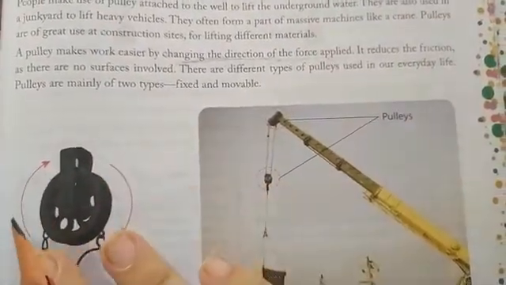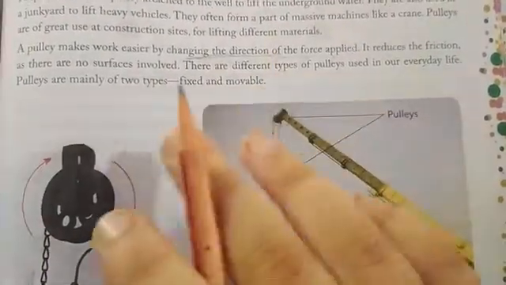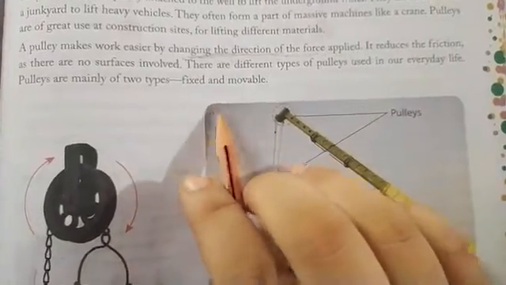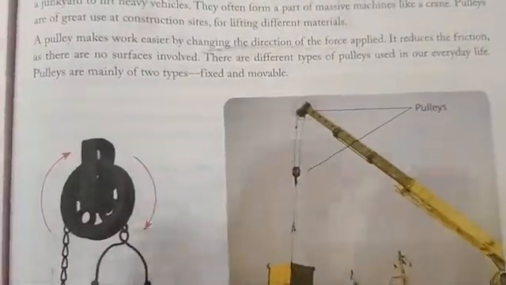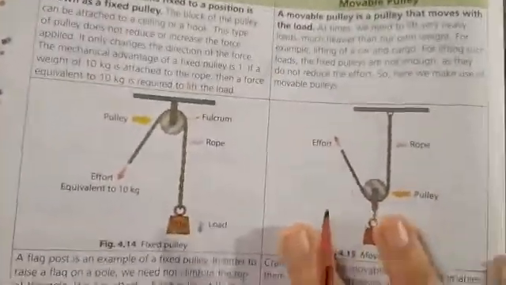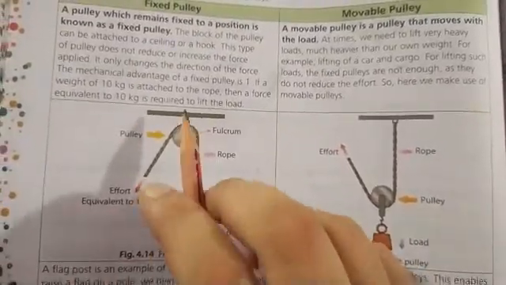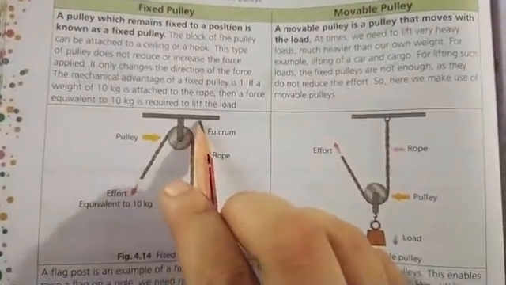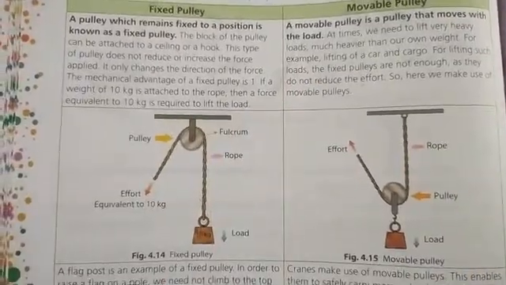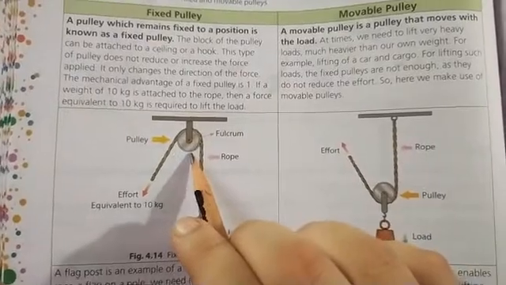And there are different types of pulleys that we use in our daily life. There are mainly two types of pulleys. First is the fixed pulley and second is the movable pulley. Now we will see the difference between the fixed pulley and the movable pulley. So here you can see the fixed pulley and the movable pulley. This is the fixed pulley. This is the rigid support to which the pulley is attached, or fixed.